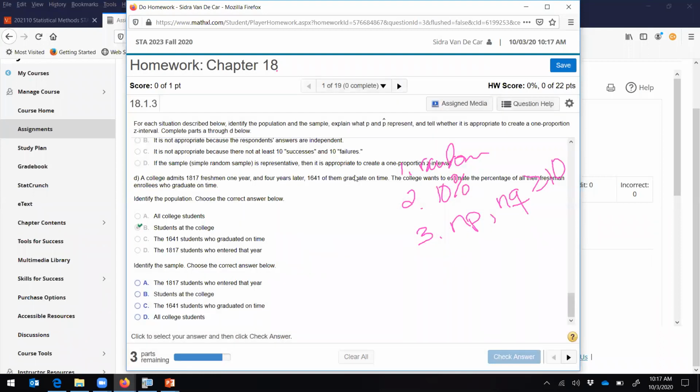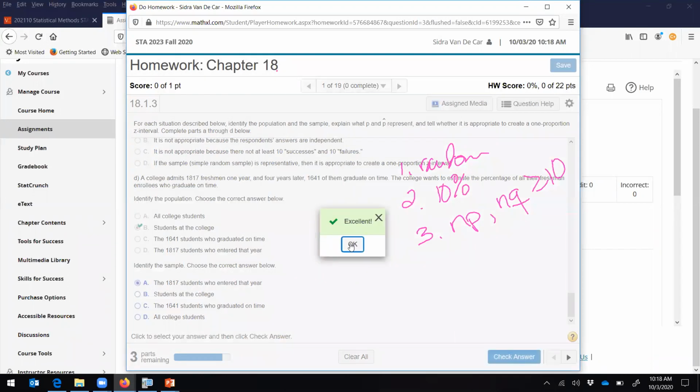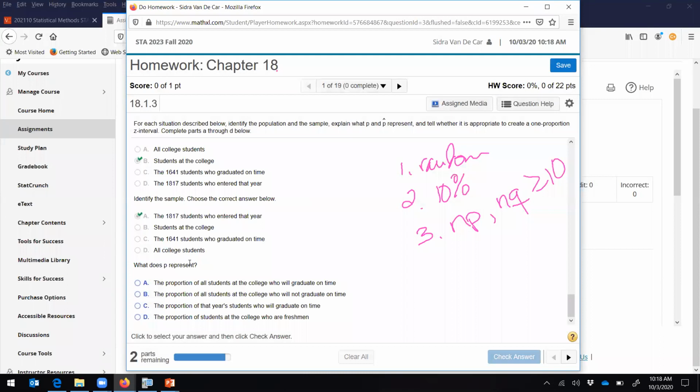Identify the sample. So the sample is this one class, that 1,817 freshmen. What does the p represent? That would be the proportion of students at the college who graduate on time.